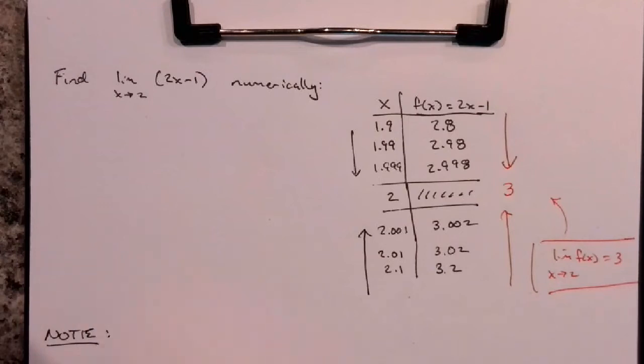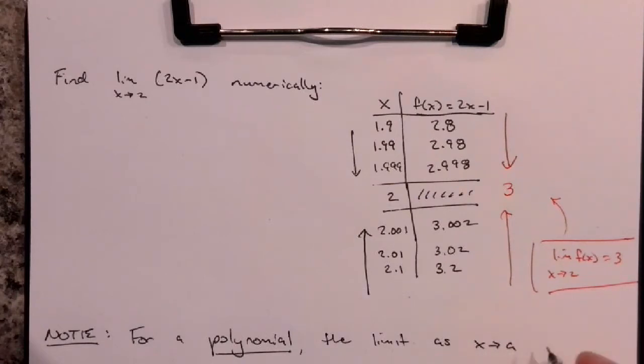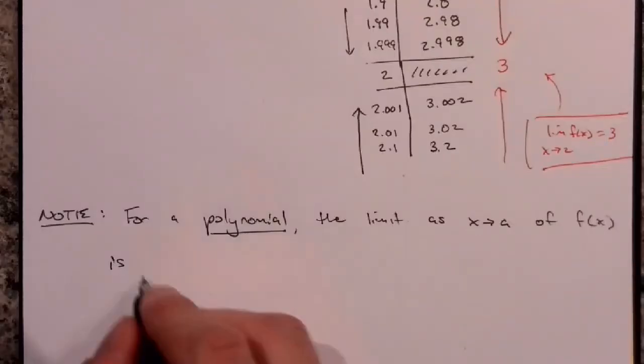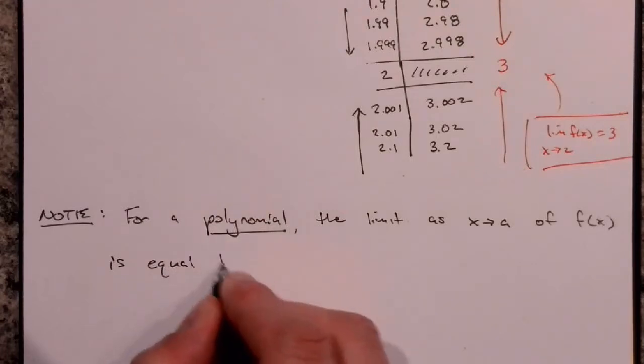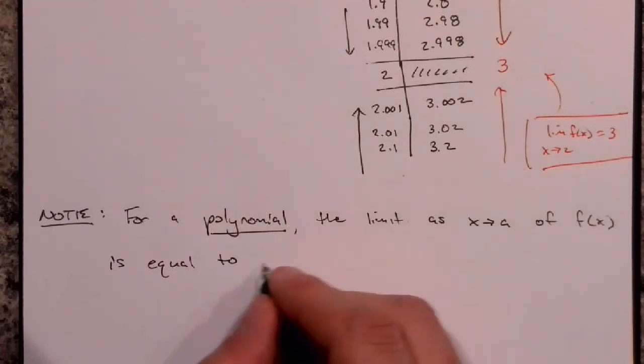But for a polynomial, the limit as x approaches a of f of x is equal to f of a.